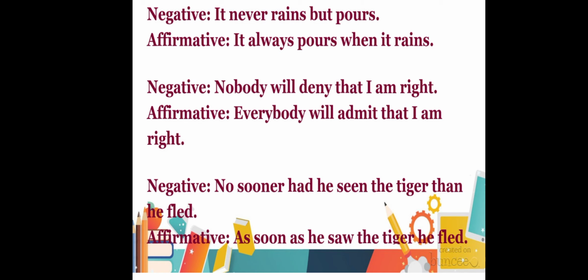So here the sentence is starting with no sooner had and you have to replace this by as soon as. It is very simple, right? So apply that rule and change this negative sentence into affirmative. The affirmative sentence will be: as soon as he saw the tiger, he fled. Students, I hope you are getting it very easily.